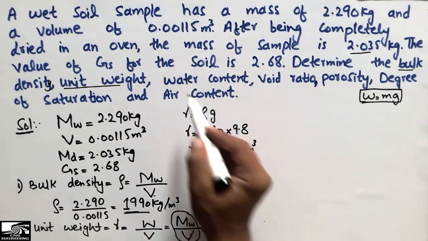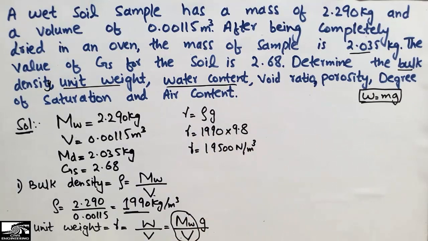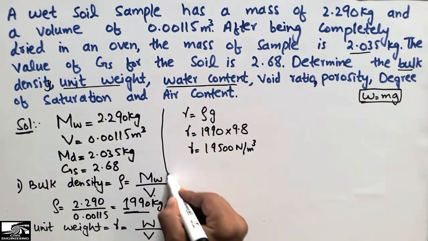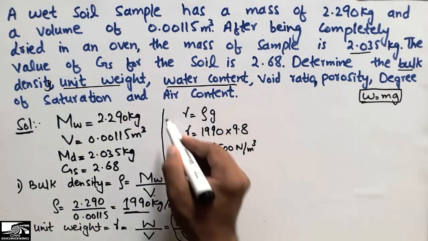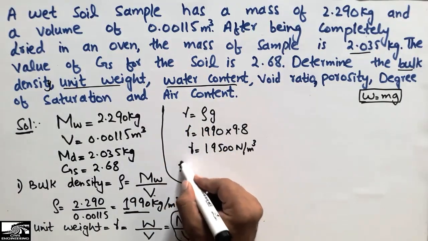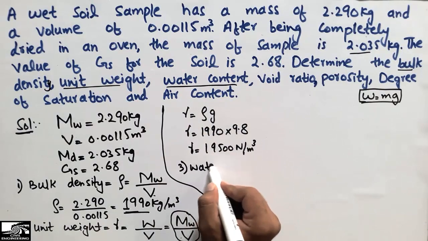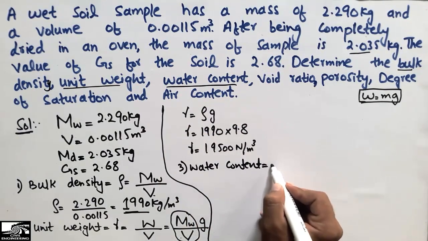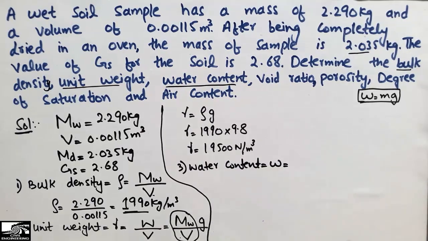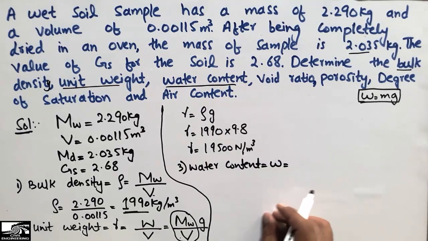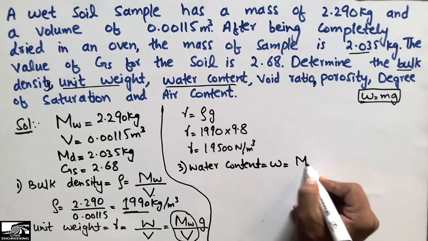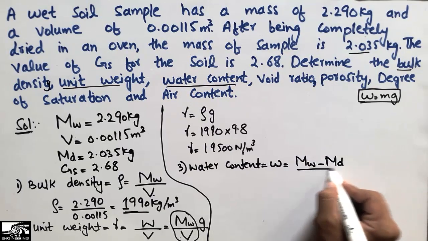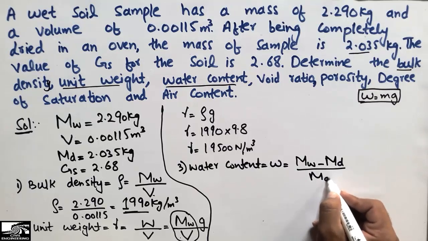The other one is the water content. How do we find the water content of this soil sample? It is also simple. Water content is represented by small w, and water content is equal to the wet mass of the soil minus the dry mass of the soil, divided by the dry mass of the soil.